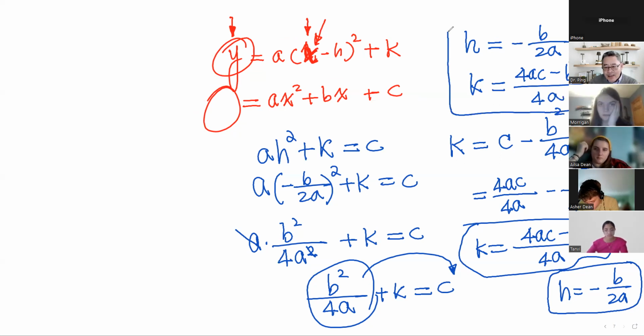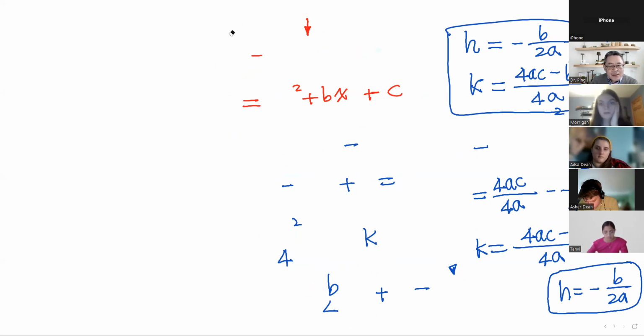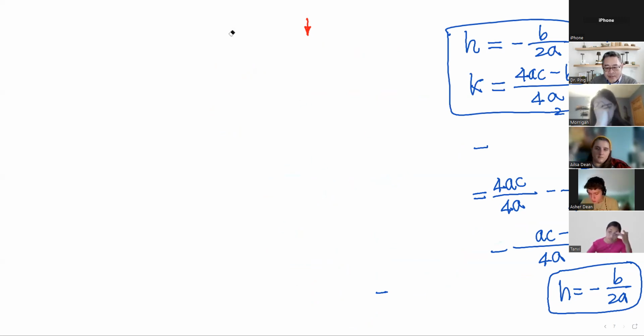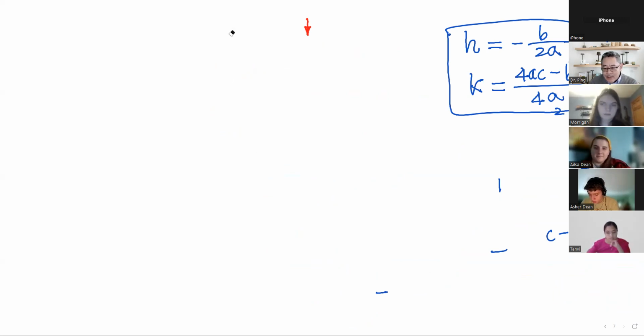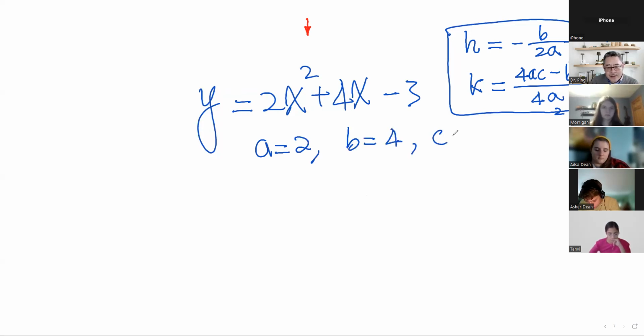So I write it down here. Now I'm going to use it when we have a quadratic function. For example, example one: if we have y equals 2x squared plus 4x minus 3, we know A is 2, B is 4, and C is -3.